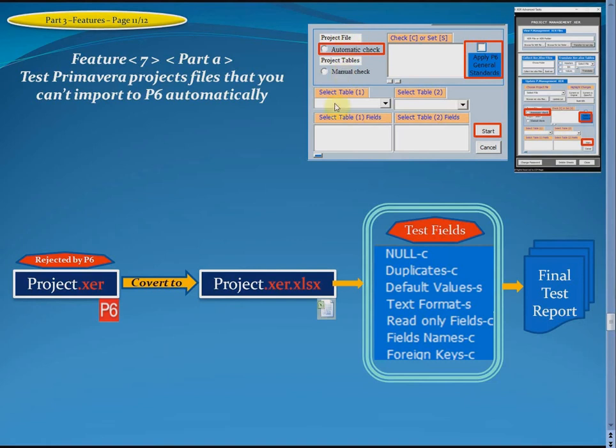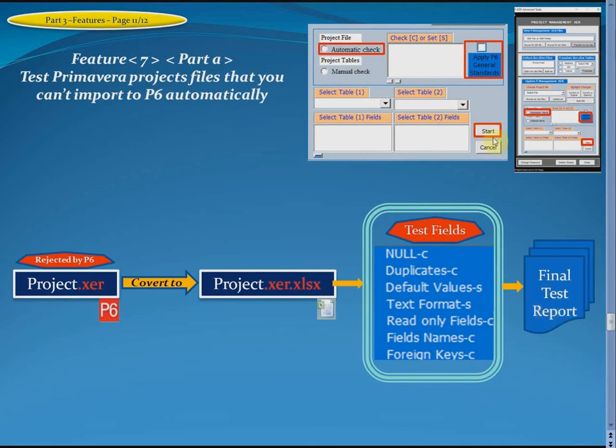For example, if this is a rejected file, you need to convert it to an Excel file and test it according to the Primavera rules. A final report will be issued with the errors that may be the reason for rejecting it.